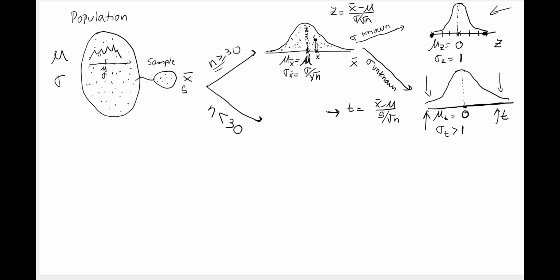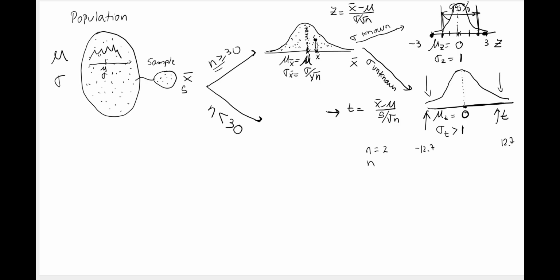In this standard normal distribution, 99.7% of all values are between -3 and +3 z-score. And 95% of all z-scores are between -2 and +2. However, in the t-distribution, when the sample size is equal to, for example, 2, then 95% of all values are between -12.7 and +12.7.